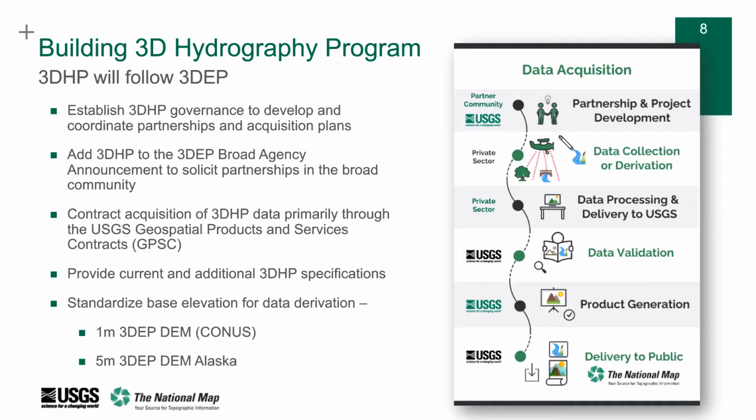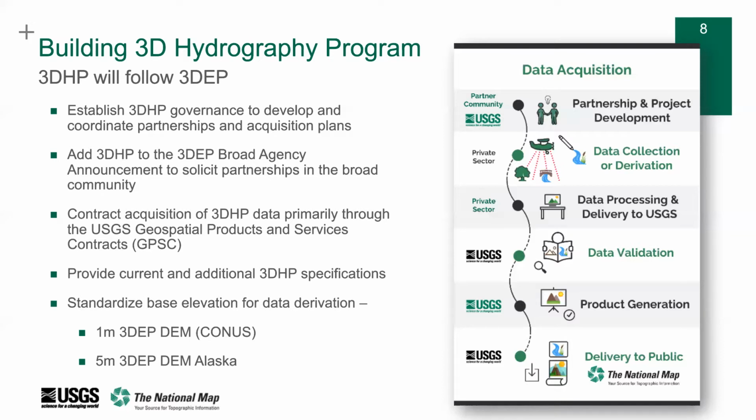We'll move forward with 3DHP in a similar manner, with governance and coordinated partnerships for acquisition of the data. We intend to add 3DHP to our broad agency announcement, which allows us to solicit funding partnerships from a broad community, and then contract acquisition of the data primarily through the USGS geospatial products and services contracts.